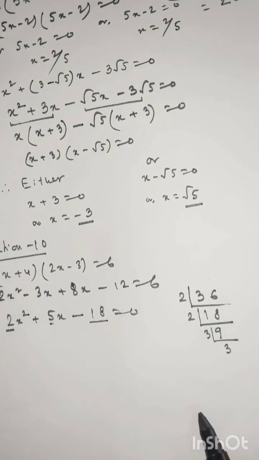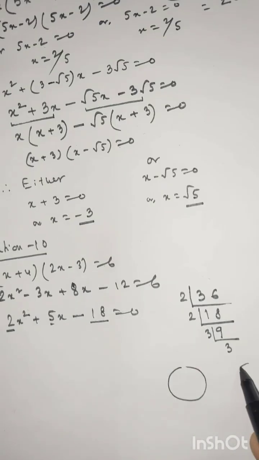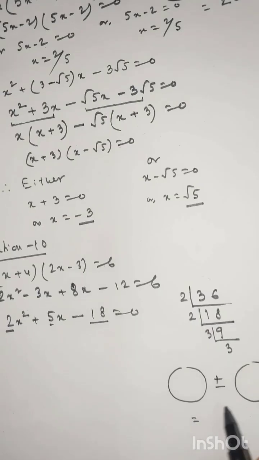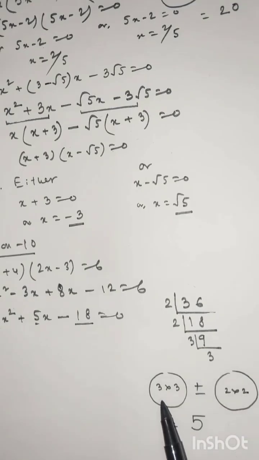Now if we arrange these factors in two boxes by placing plus or minus between them, we should get the coefficient of x, that is 5. How can we do it? If we put 3 into 3 to the first box, and 2 into 2 to the second box, we get 9 and 4, and if we take the minus sign, we get 9 minus 4, that is 5.